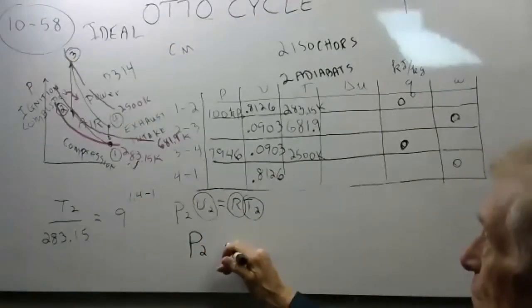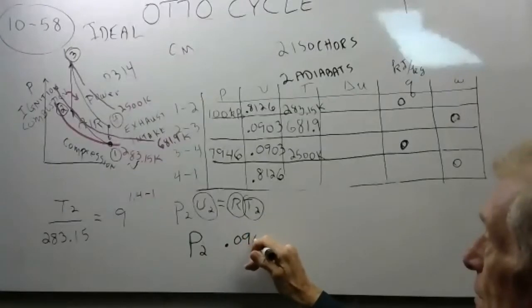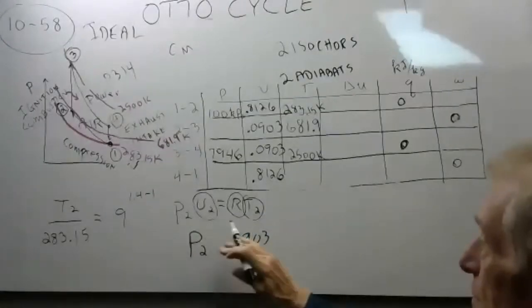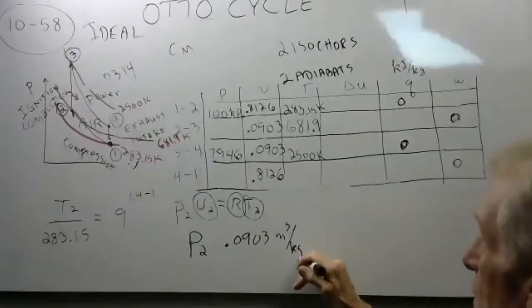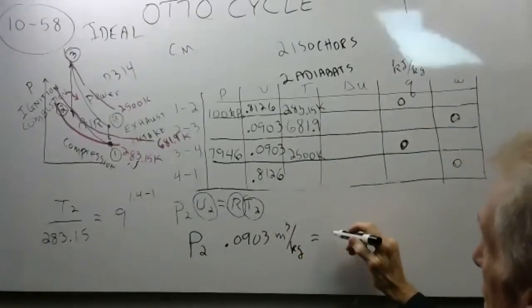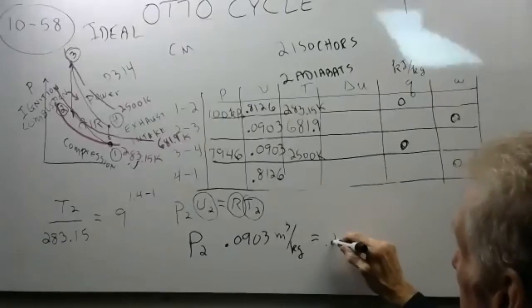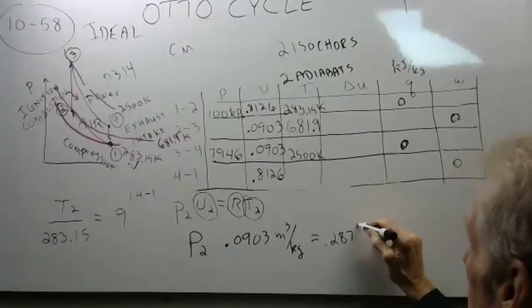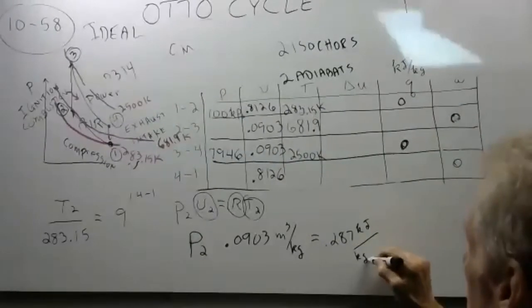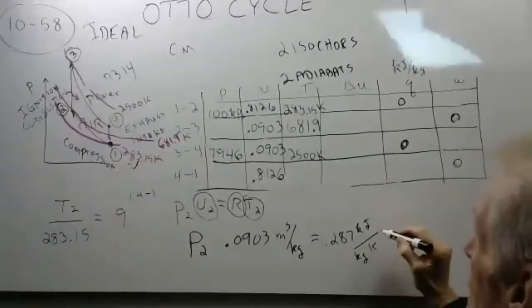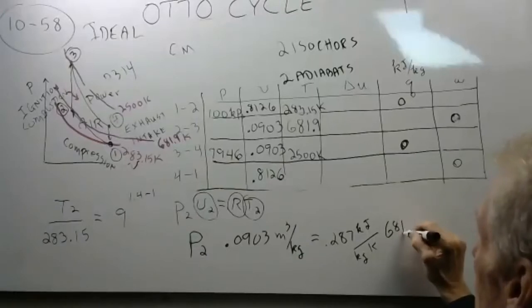But V2 is 0.0903. R is 0.287. And T2 is 681.9.